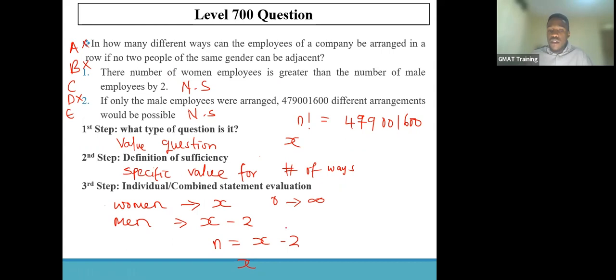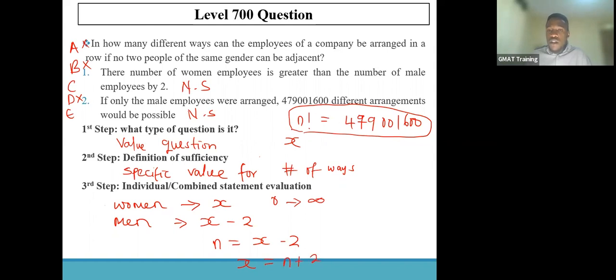So from that is what I was alluding to here. We can get the number of women, since n, which is the number of male employees given by this operation here, is equal to x minus 2. This is what is defined in the first statement. Then we can get x to be equal to n plus 2.